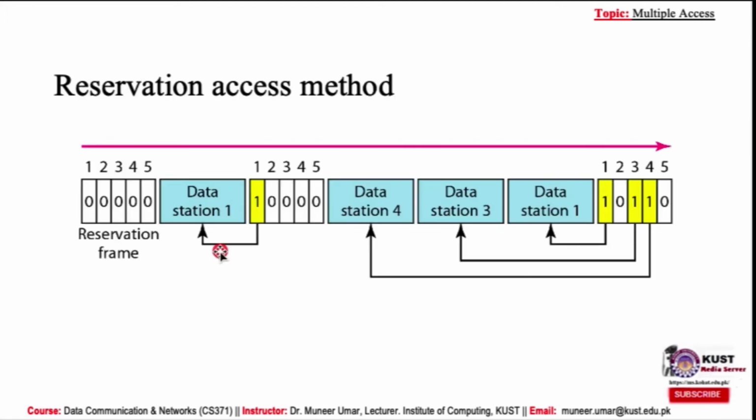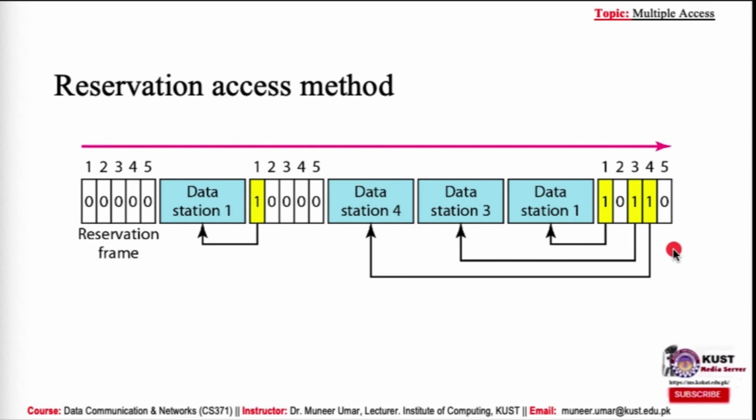The first one is the reservation access method. In the reservation method, a station needs to make a reservation before sending data. Time is divided into intervals. In each interval, a reservation frame precedes the data frame sent in that interval.